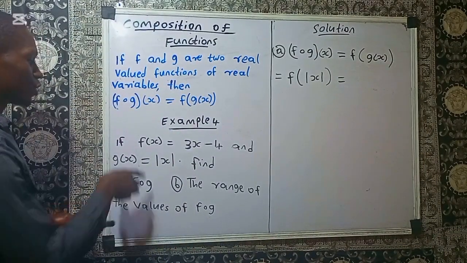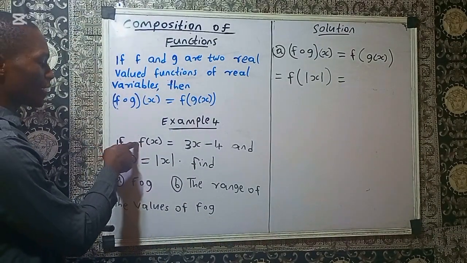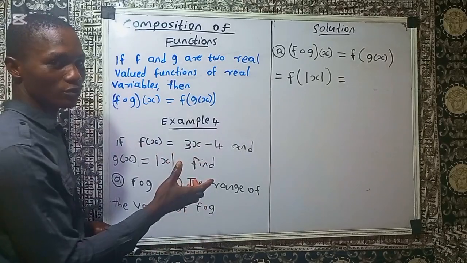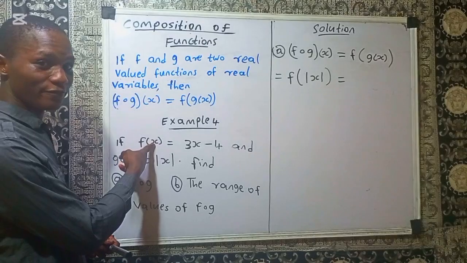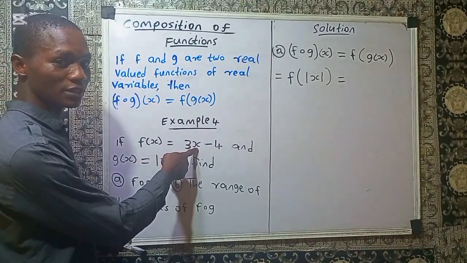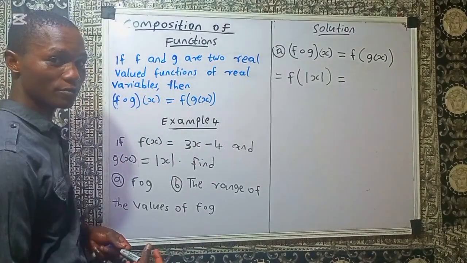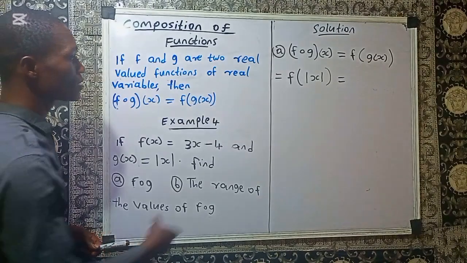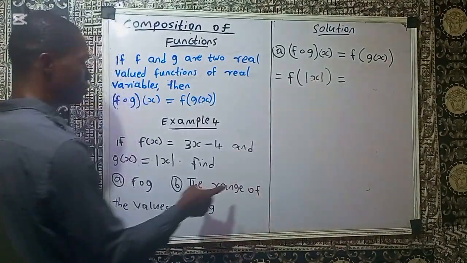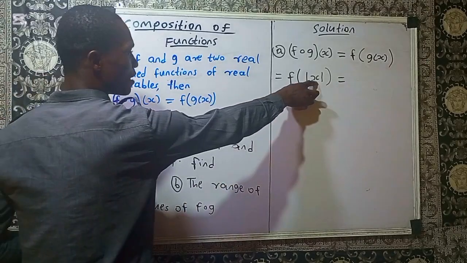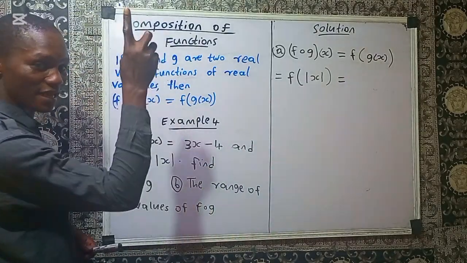Now look at how your f is defined. f of x is 3x minus 4. The simple meaning of this is that anything you put inside f, you are going to multiply it by 3 and subtract 4 from it. So what is inside f now is the absolute value. Since it's the absolute value that is inside, I'm going to remove this x.